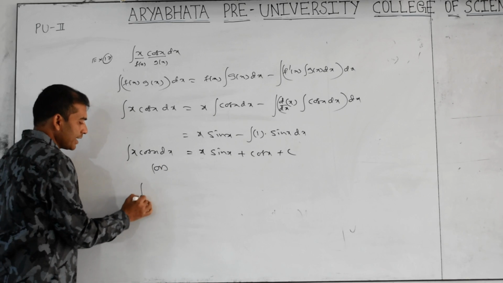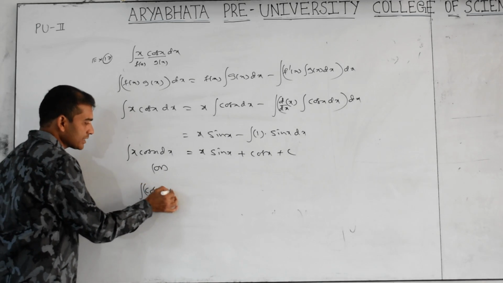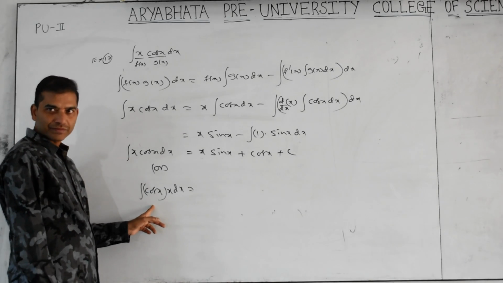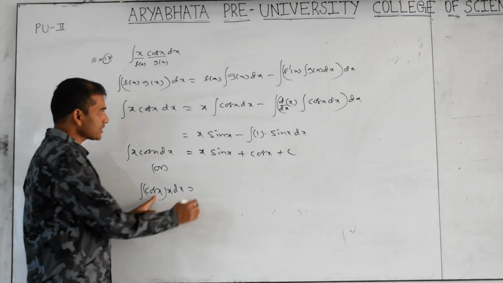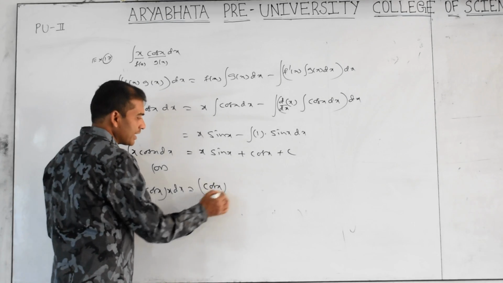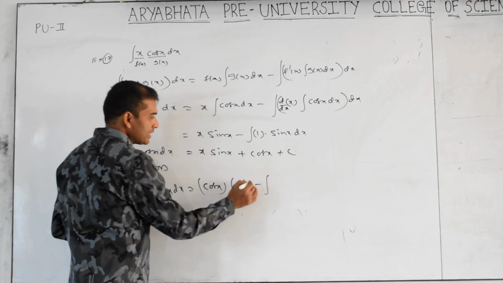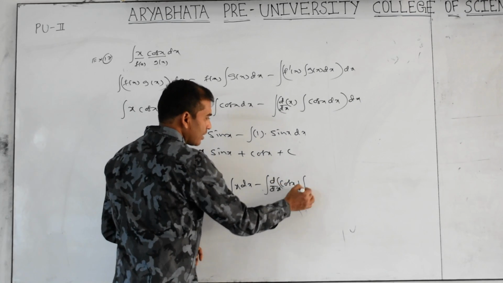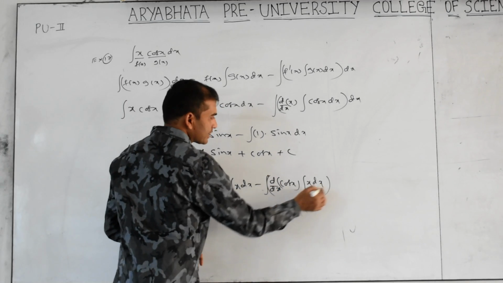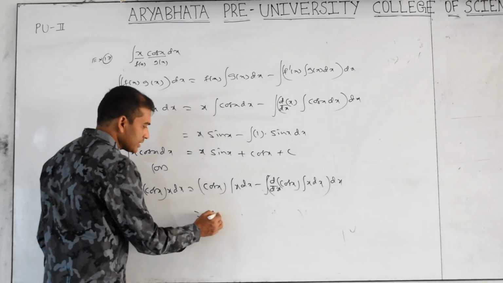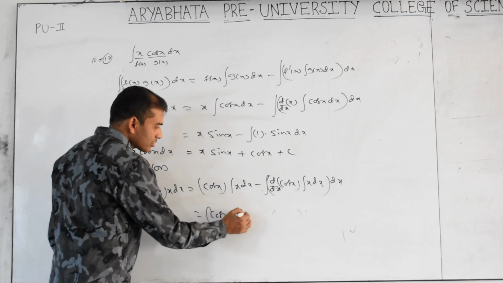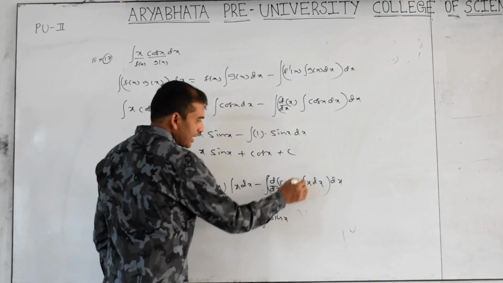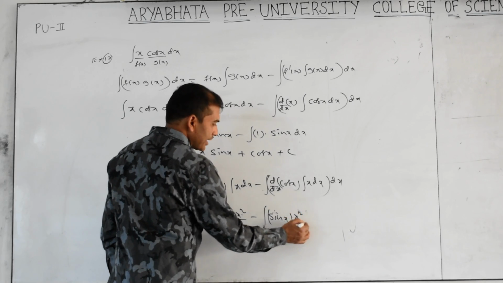Or take the integration of cos x into x dx. If you take it like this, what happens? With cos x as the first function, we get cos x times the integration of x dx, minus the derivative of cos x, which is sin x, times the integration of x, which is x square by 2, dx.